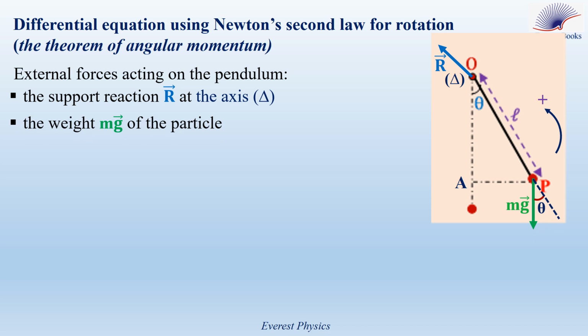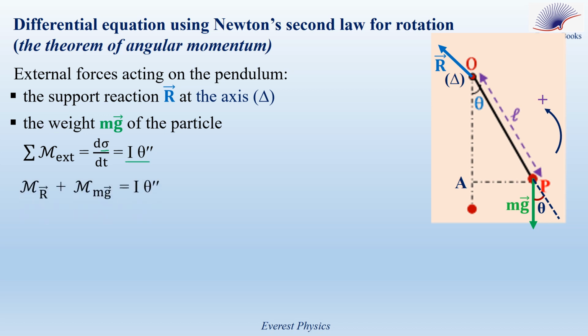Let's move to Newton's second law for rotation. The sum of the external moments acting on the system is equal to the time derivative of the angular momentum sigma. But because the moment of inertia of the particle about the axis of rotation delta is equal to ml squared, which is constant, d sigma by dt becomes I theta double prime.